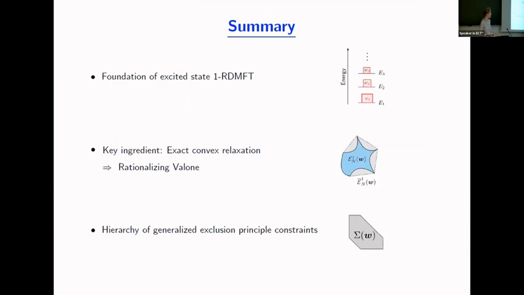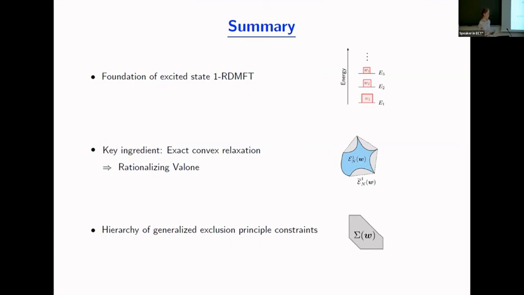So as a summary, we started with the foundations of excited state 1RDMFT. Here we combine the variational principle suitable for excited states together with the constraint search. The key ingredient to obtain a practically feasible 1RDMFT for excited states was to apply an exact convex relaxation.